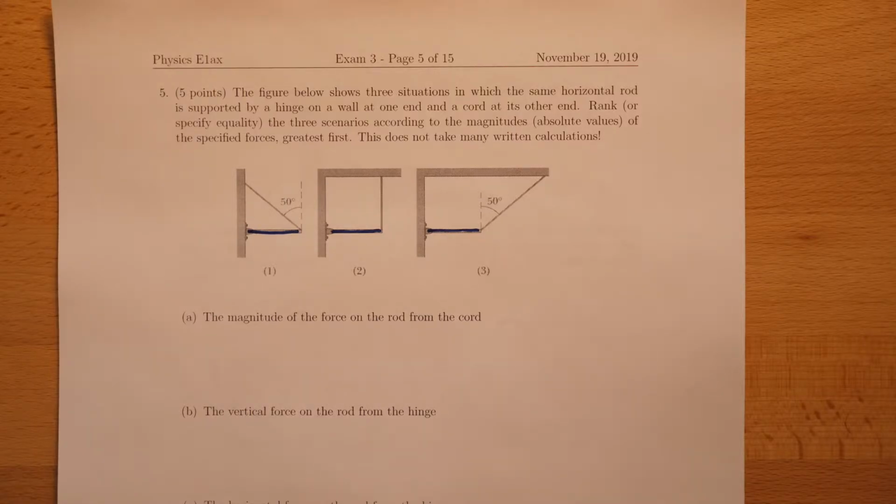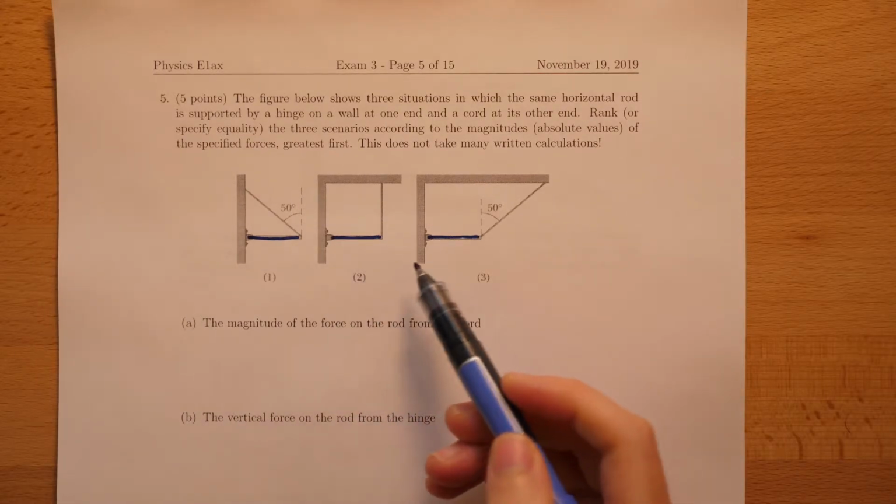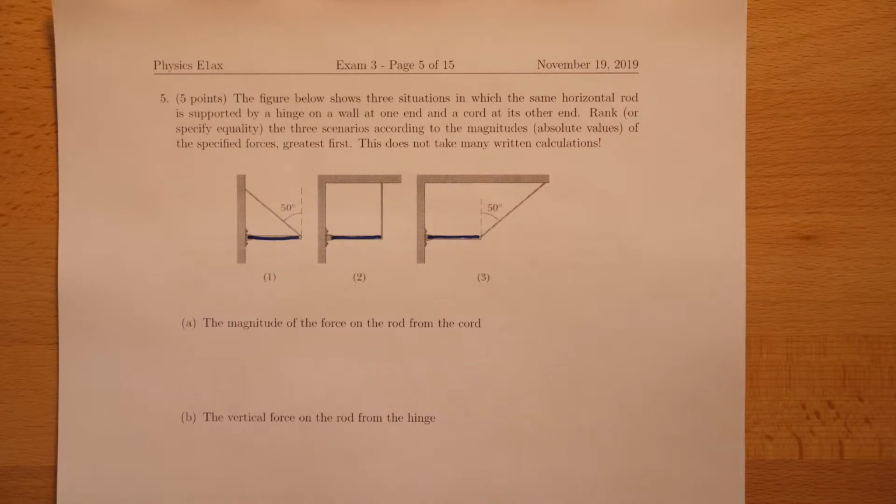So the first thing we're asked to do is rank the magnitude of the force on the rod from the cord. Okay, so let's actually start by thinking about what must be true if these 3 sticks are in static equilibrium.